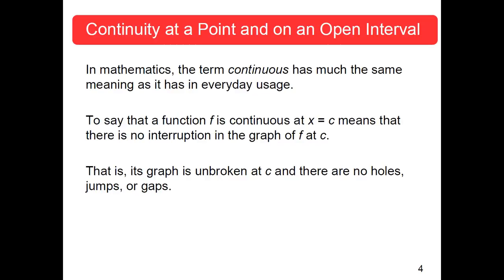But here, the dictionary definition of continuous does inform the mathematical definition of continuous. Of course, there's going to be some more specifics to it, but the general idea is there.